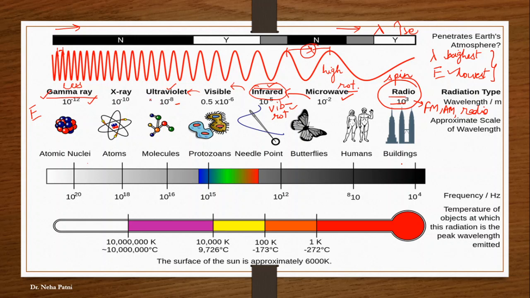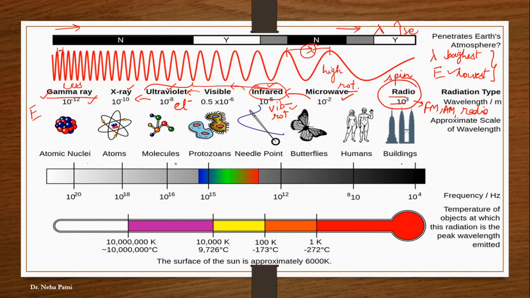Here you have electronic transitions, and if you go further, the energy increases further. X-rays can penetrate through your body, and you have seen X-rays. They can go down to the nuclei level.